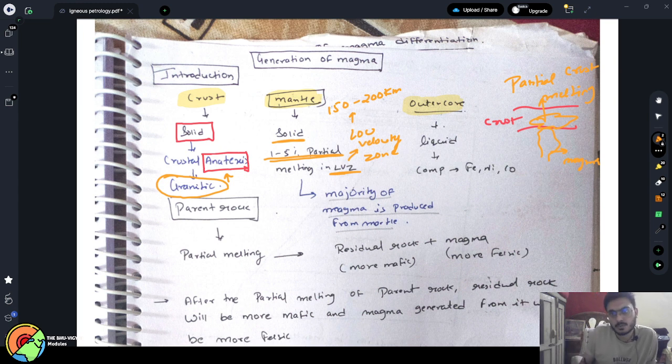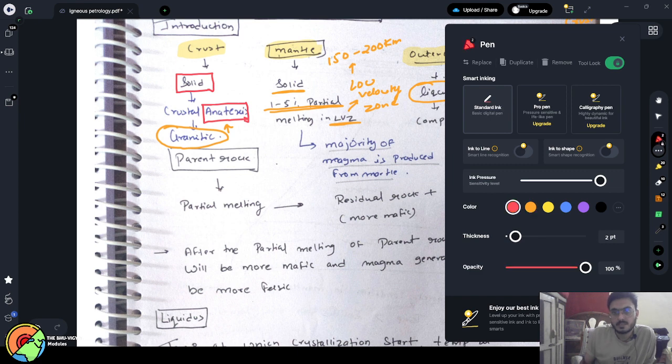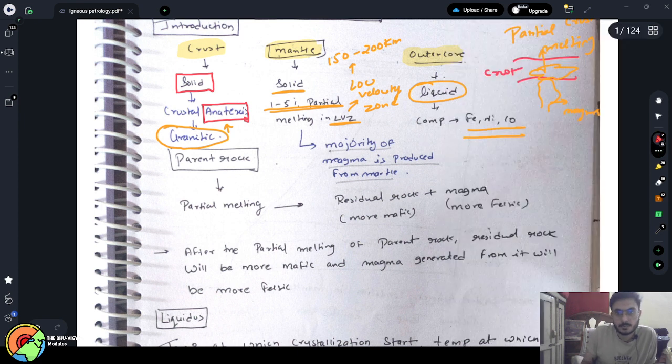In the outer core also magma is generated, and as we know, the outer core is liquid in nature and its composition is basically iron, nickel, and cobalt. Now, the majority of our magma is produced where? It is produced in the mantle. So the majority of the magma is produced in the mantle.